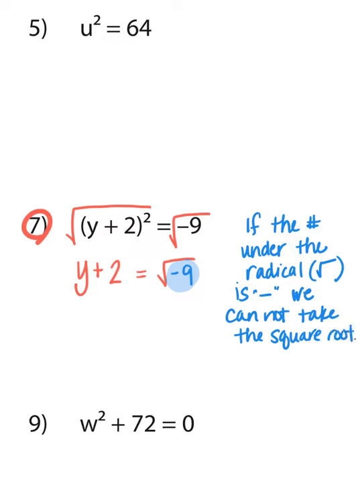So whenever the radical has a negative number, like negative 9, our answer is going to be no solution.